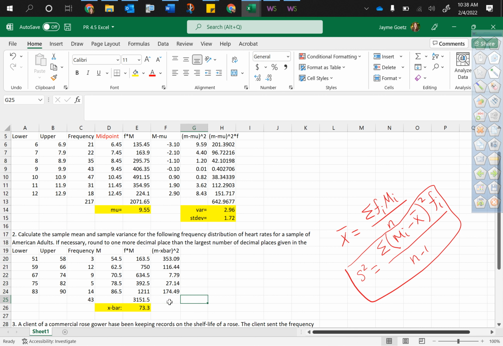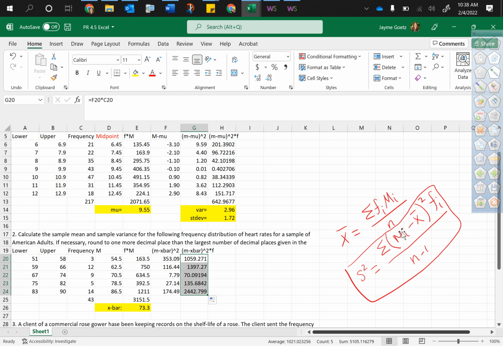Okay? Then what do I do? Good. Multiply it by frequency. So I'm going to take the m minus x bar squared and then times it by frequency. So equals that column that I just figured out, times my frequency. You guys are doing a great job.